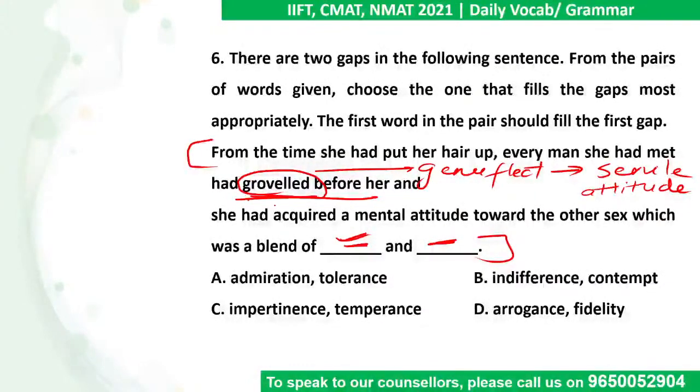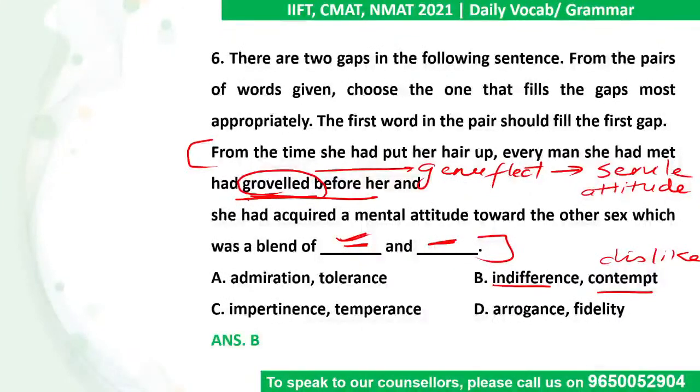So what kind of attitude would she have towards someone who is literally falling at her feet? She can't admire them, right? You admire bravery, you admire someone who is brave, you don't admire someone who behaves like a servant. So that's the key. That is why B is the answer. Indifference means not caring for, and contempt means dislike.